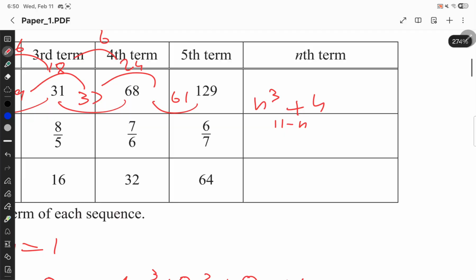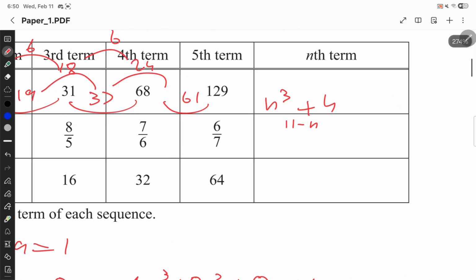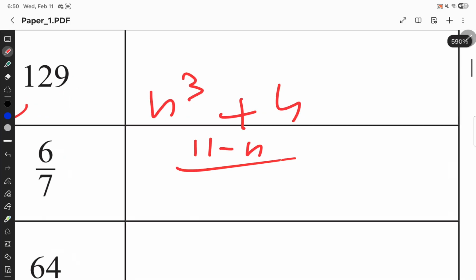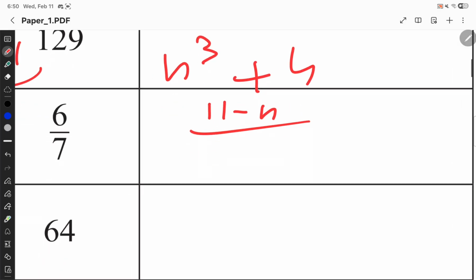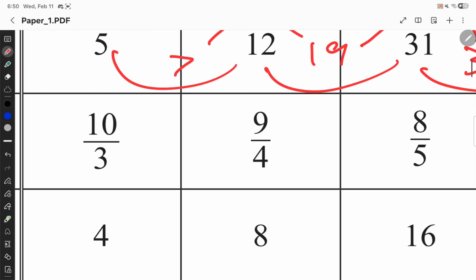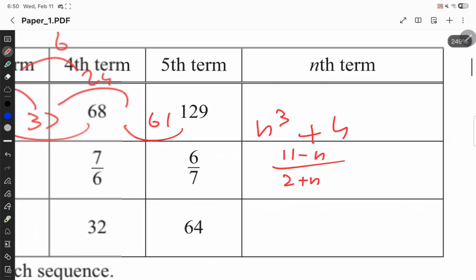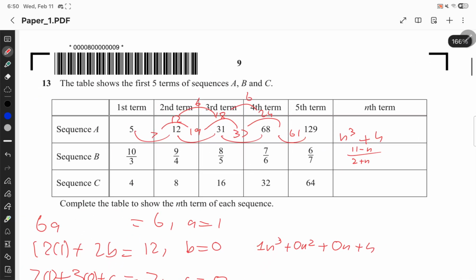Trust me on this one, please. Next is 3, 4, 5, 6, so this is 3 plus n minus 1, which is 2 plus n. So this is (11 minus n) over (2 plus n).